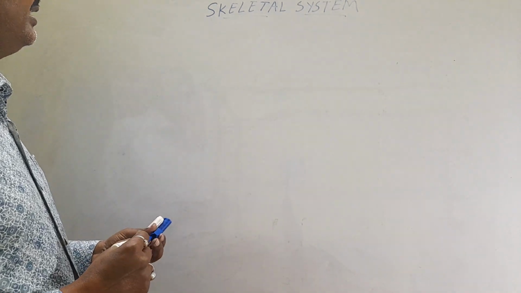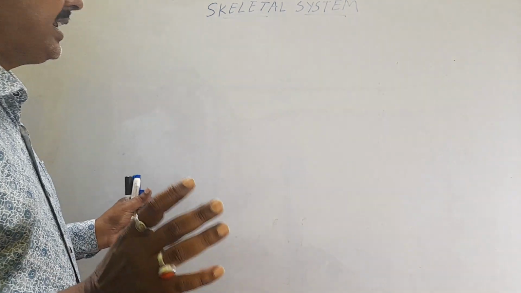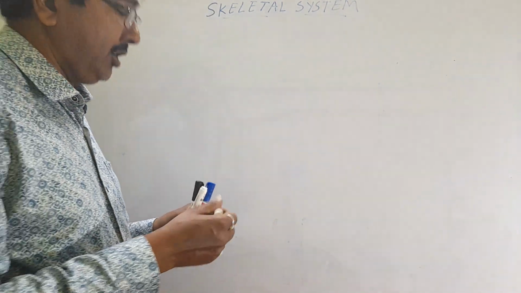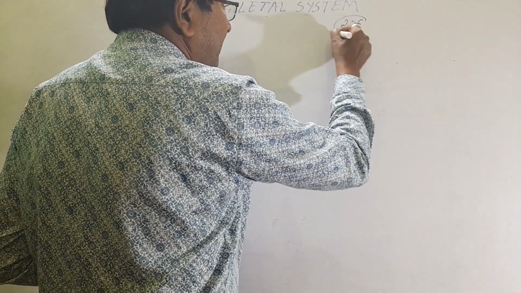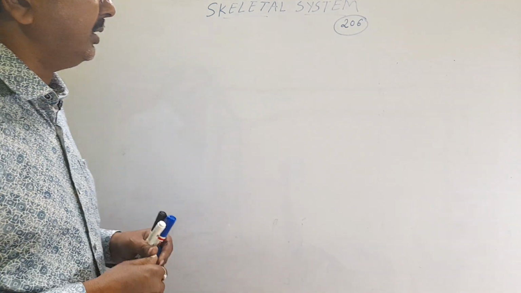The human skeletal system consists of a total of 206 bones. 206 bones are present in the adult human body.